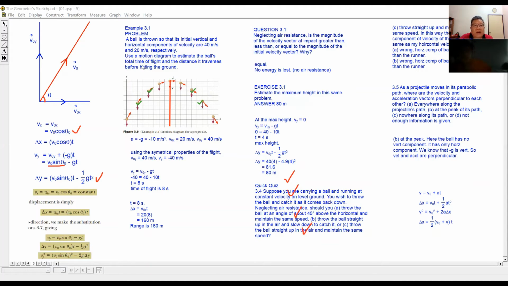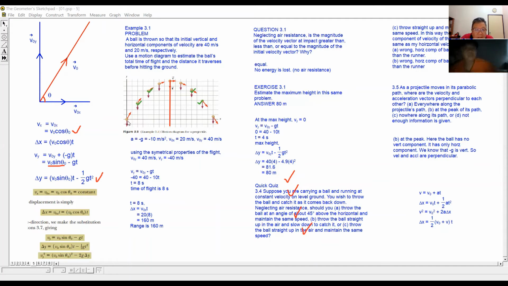Then if they talk about the time of flight, it means the time in the air. That means it is the time from when it is lifted up until it falls back to the ground.